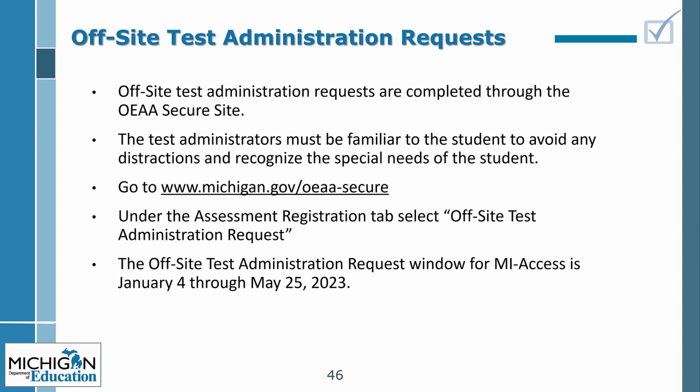The test administrators must be familiar to the student to avoid any distractions and recognize the special needs of the student. The Off-Site Test Administration request is found under the Assessment Registration tab in the OEAA Secure site. Select Off-Site Test Administration Request. The window to submit Off-Site Test Administration request is open now through May 25th, 2023.